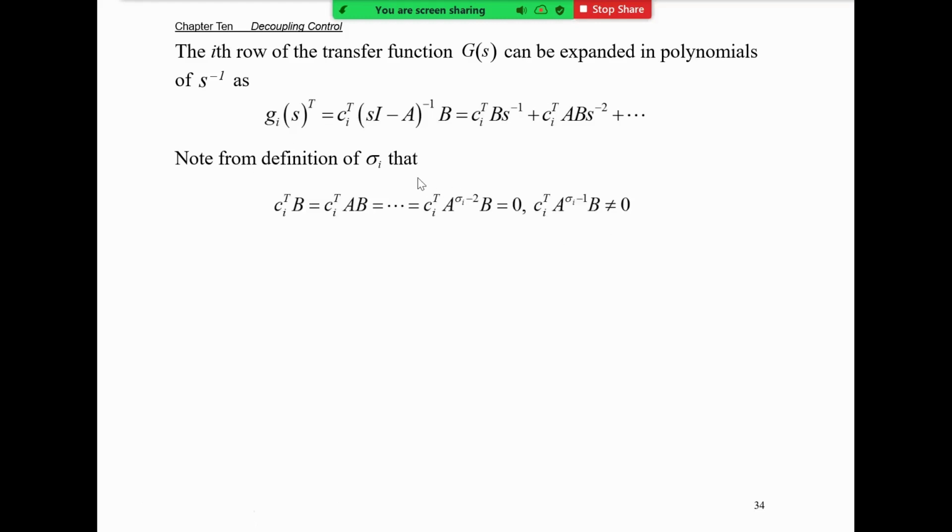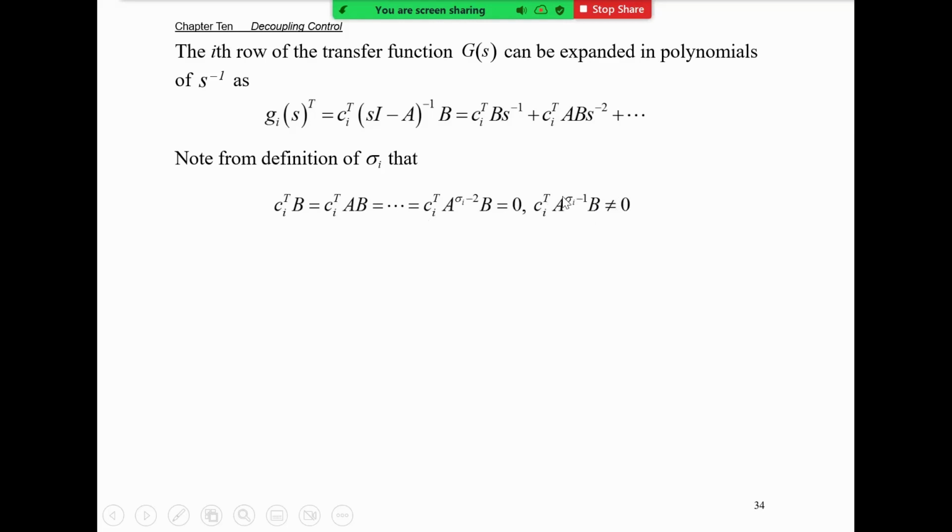Therefore, let's say the relative degree is sigma i, which means only C times A to the power of sigma i minus 1 times B will not be 0.